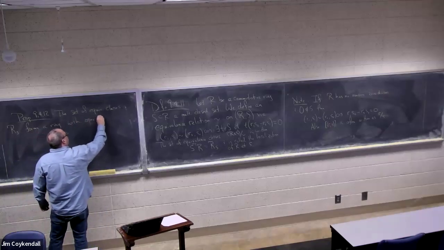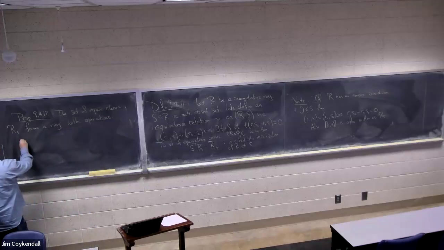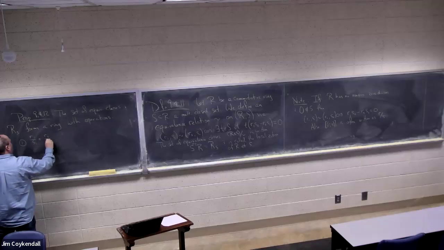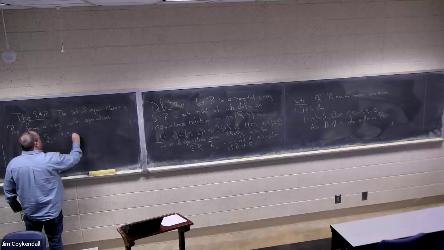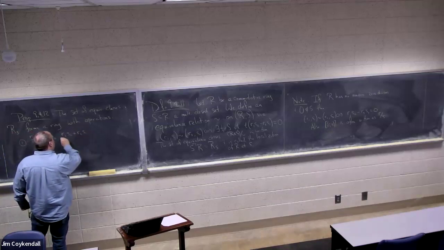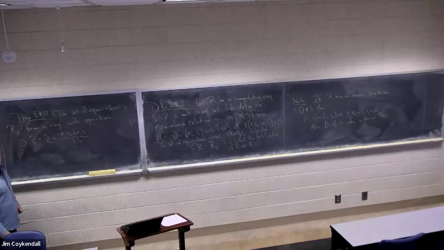So here are the operations. Number one, r1 over s1 plus r2 over s2 is (r1 s2 plus r2 s1) over s1 s2. So this is the way I think you're used to adding fractions.